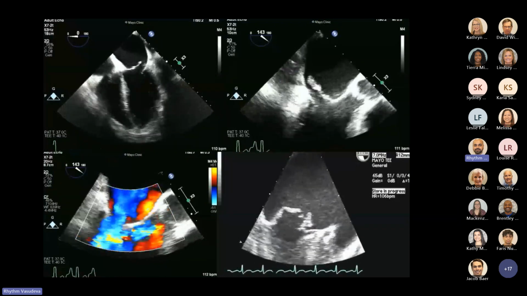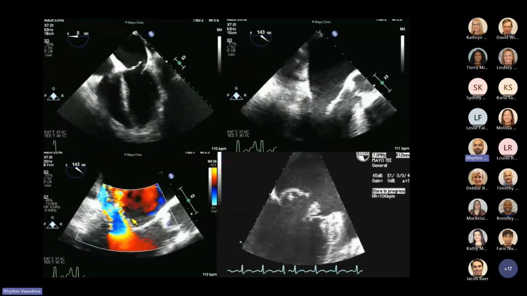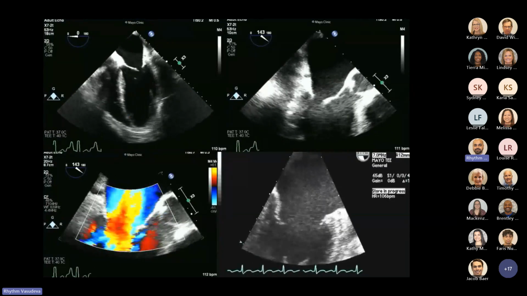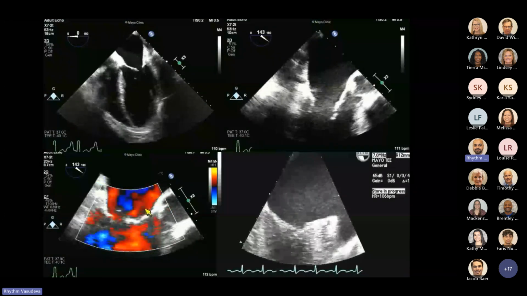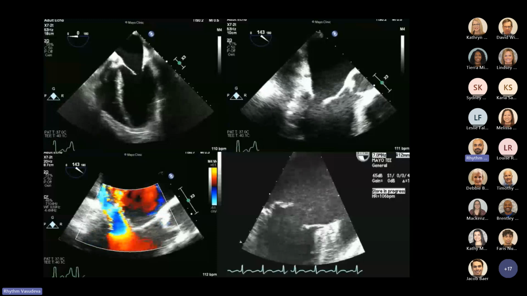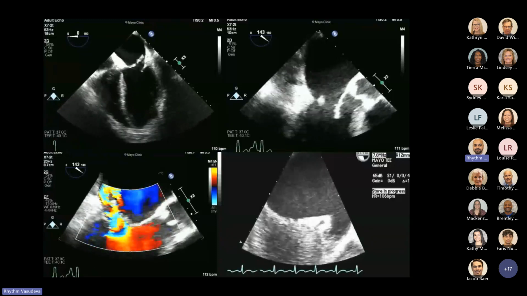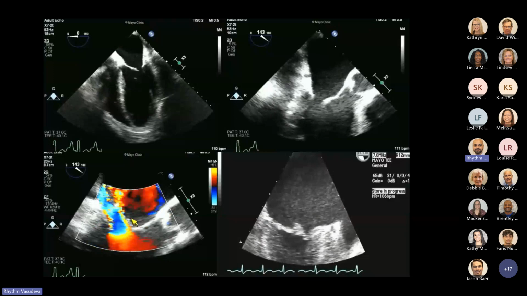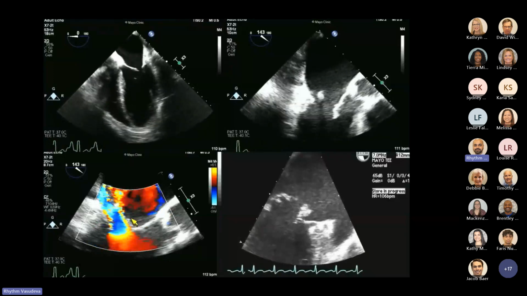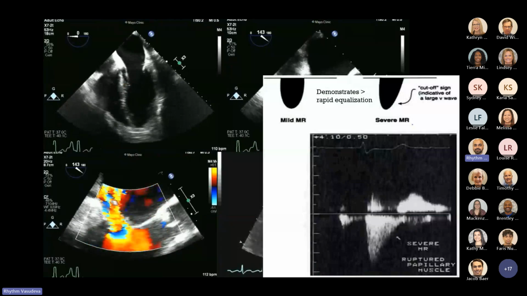So it is important that even though we recognize that one of the leaflets can be involved, a lot of times it can be both leaflets. And typically the papillary muscle that's involved is the posteromedial. The posteromedial papillary muscle attaches to both the anterior and the posterior leaflets. So it just depends on where the rupture occurs, which can cause your echo changes or the mechanical changes.